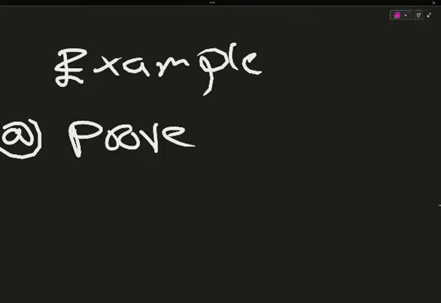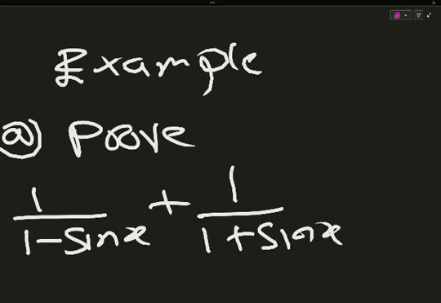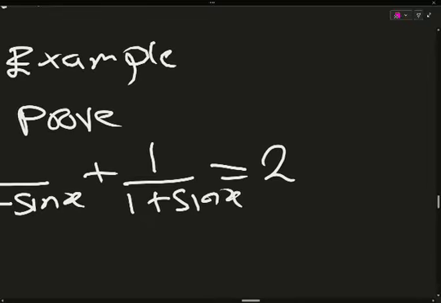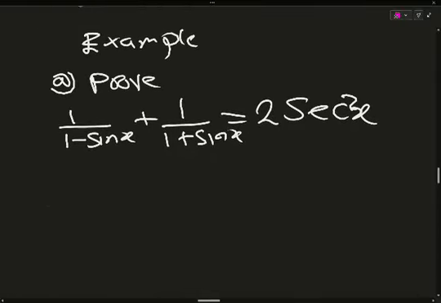So let us prove this example. 1 over 1 minus sine x plus 1 over 1 plus sine x is equal to 2 sec squared x. So how do we go about solving this question?